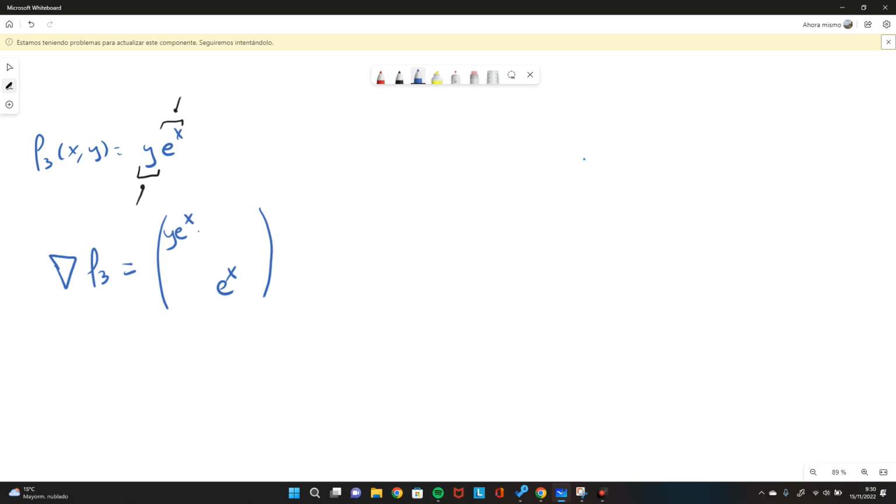And so as this didn't change, as we see, the Hessian matrix is going to be actually pretty easy, because here we actually have an easier function than before. And so when we actually perform this derivative in terms of x and y, the results are going to be these two. And so this is in respect to x. And so what we have here is y times e to the power of x.